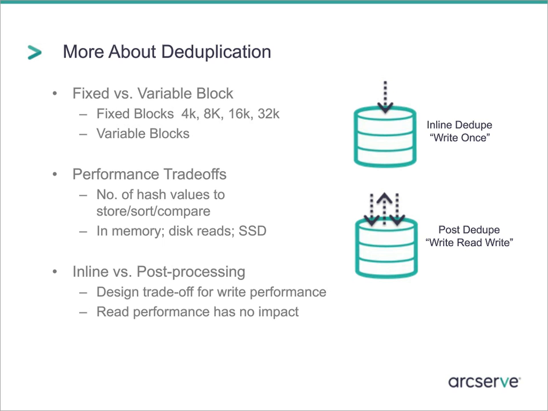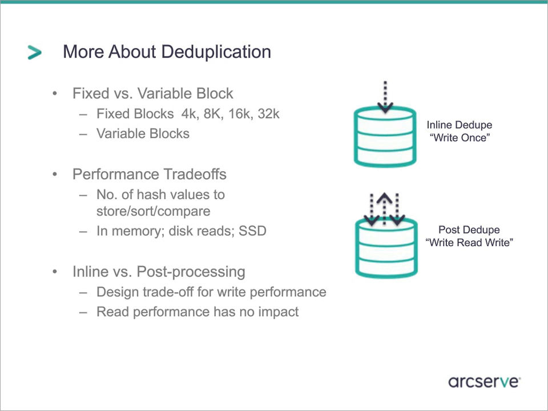If it's post-processing dedupe, it means you have to have a fairly large landing area on the appliance or the server to be able to hold the data in its entirety. And then once the backup completes, it will then sort out the data and crunch it down and remove the duplicate blocks.